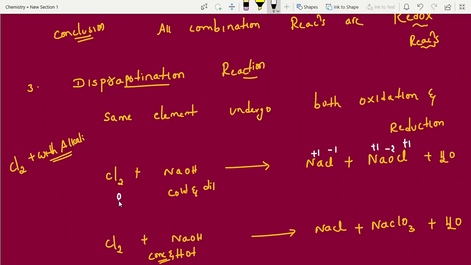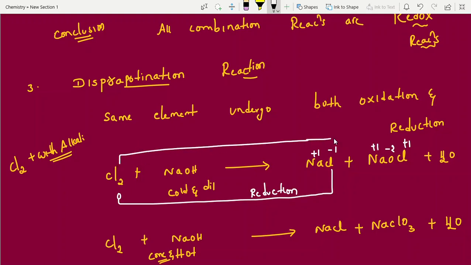See here, 0 to minus 1. What happened here, students? Reduction. Here, tell me, 0 to plus 1. What happened here? Oxidation. The same element undergoes both oxidation and reduction.